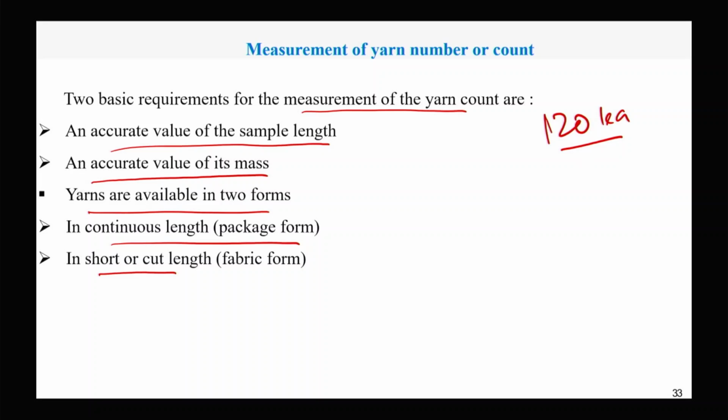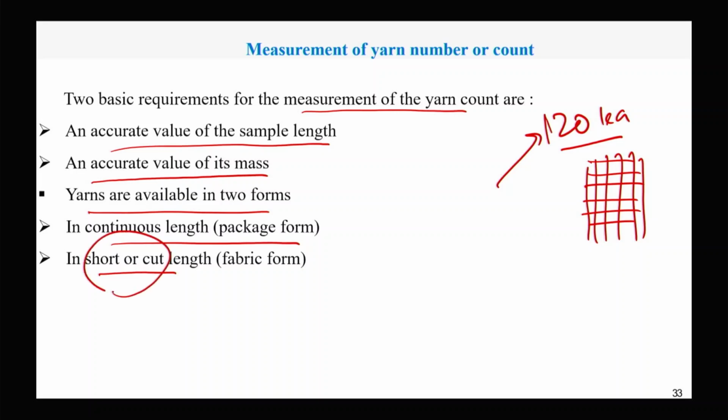But if the yarn is taken out from fabric, longer length is not available, so only short or cut length is available. For that we will not use the same method as the lea count measurement method.